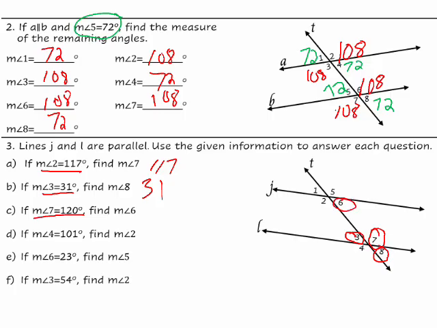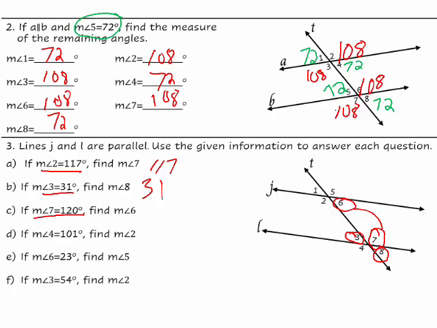If we look at 6 and 7, they're same side. Now, same side angles on the inside of those parallel lines are not linear pairs because they don't form a line, but they are what we call supplementary, which means they should add up to 180.